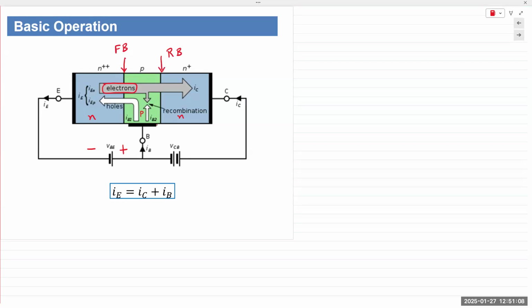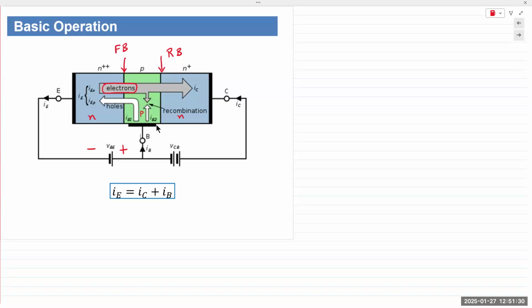So again, a huge number of electrons is going to cross over into the base. A small portion of those electrons will recombine, and thus we obtain the base current, IB, but a majority of electrons are free because they have nothing else to do.